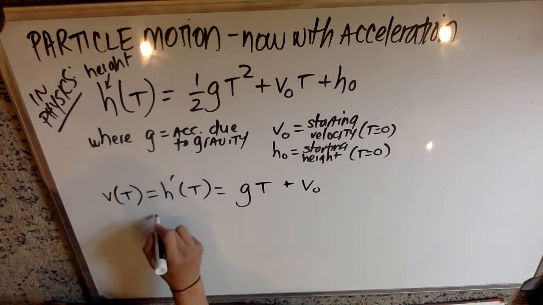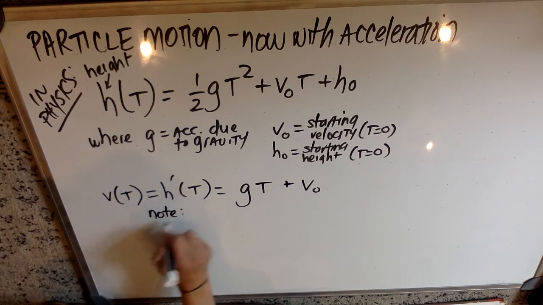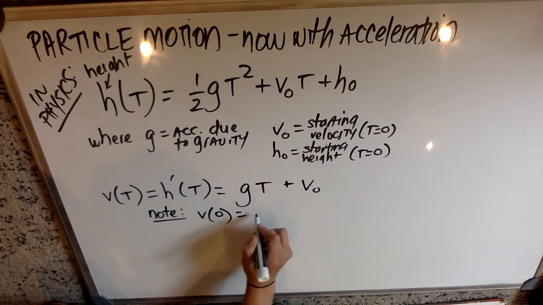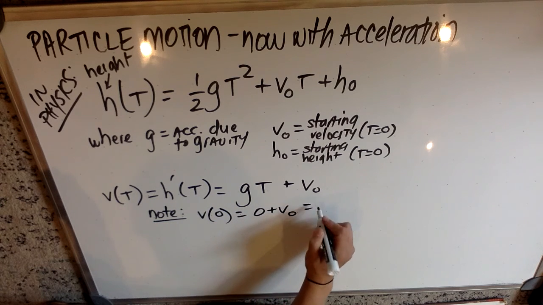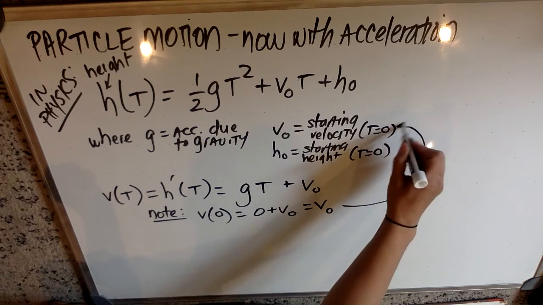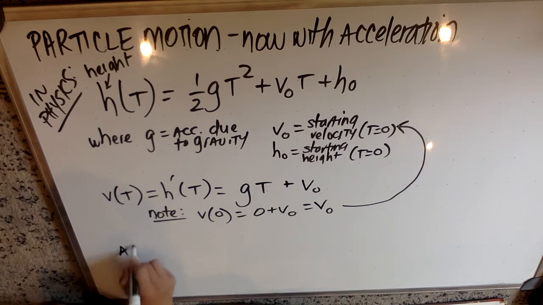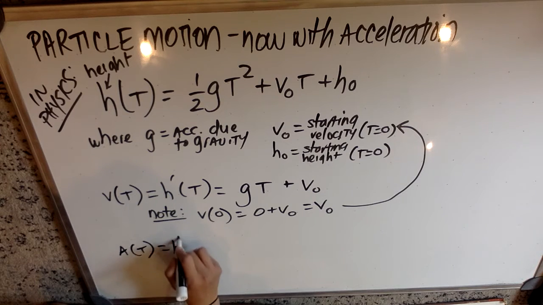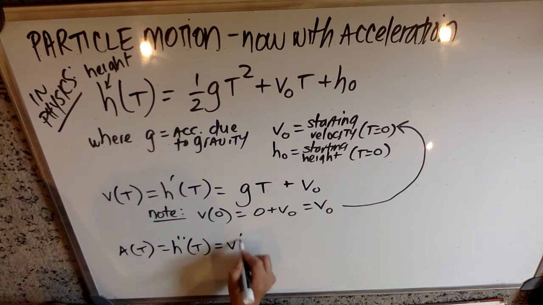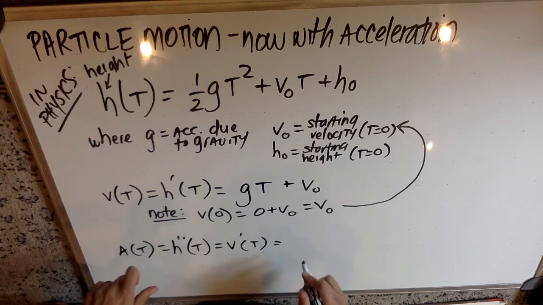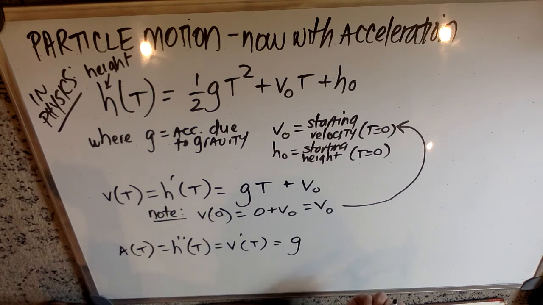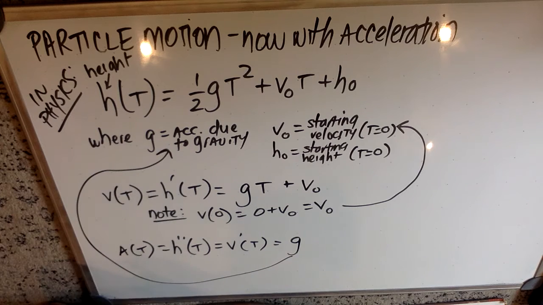Note that if I plug in v of 0, I get 0 plus v naught, meaning I get v naught, which totally confirms that v naught is the initial velocity. If I wanted to find the acceleration, it would be h double prime of t, which is the same as v prime of t, which means differentiate this, and I just get g. Remember that g was the acceleration due to gravity.